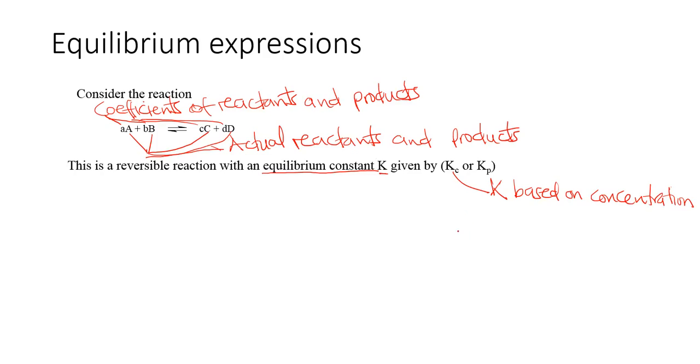You can also have an equilibrium constant based on pressure. So the concentration one is known as Kc. The pressure one is known as Kp. So C is concentration, P is pressure.